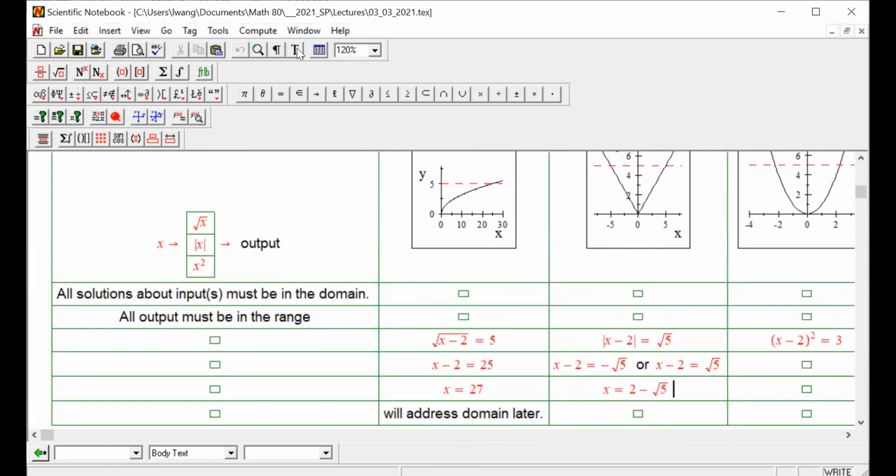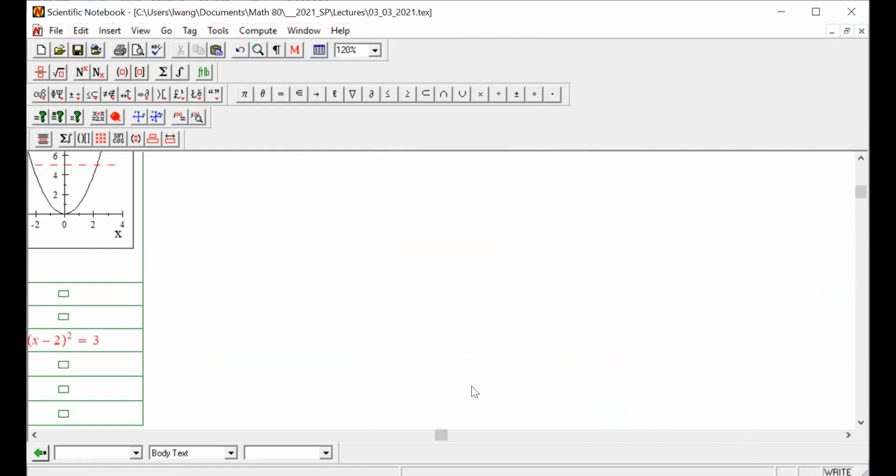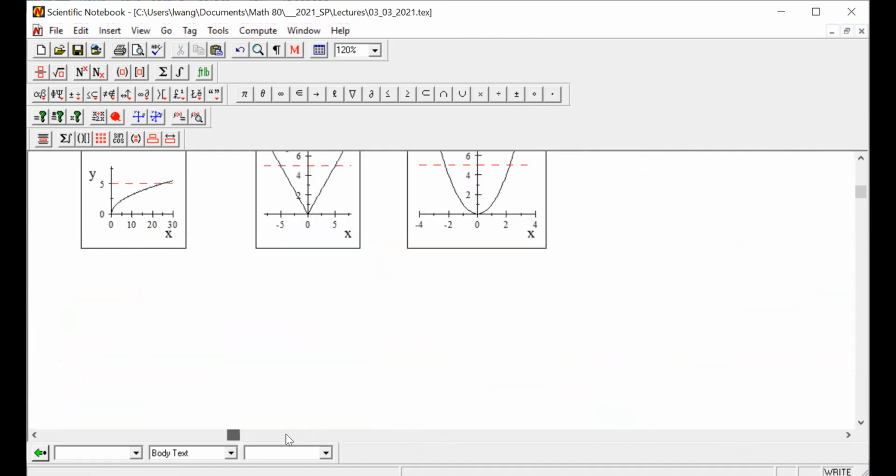And or you get the other one, 2 plus square root of 5. And you can also write it this way: 2 plus or minus square root of 5. Sorry, my bad.